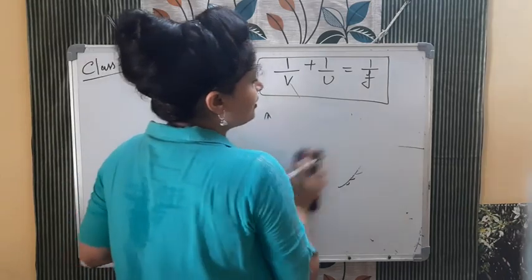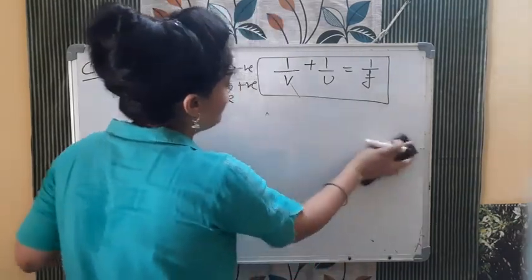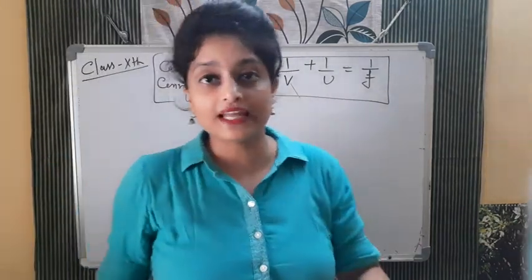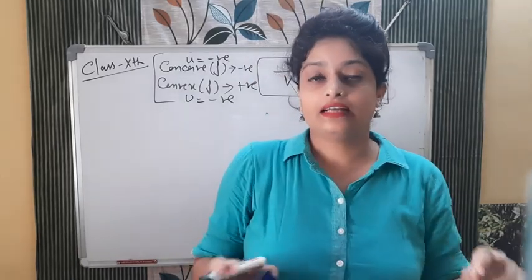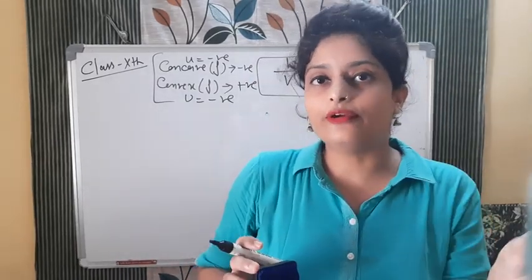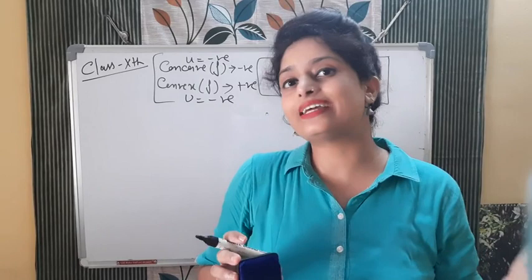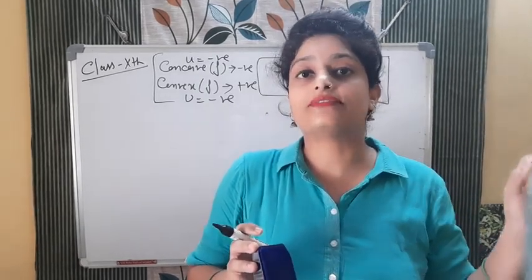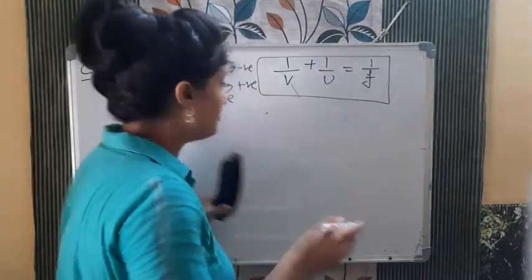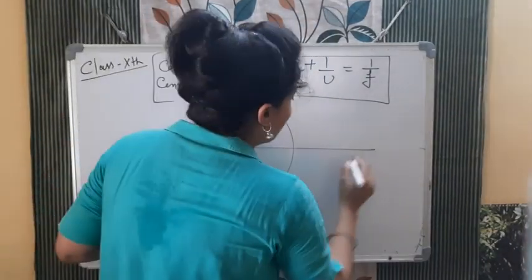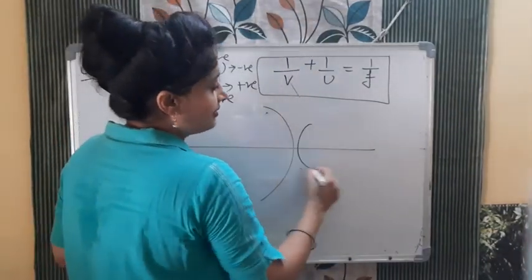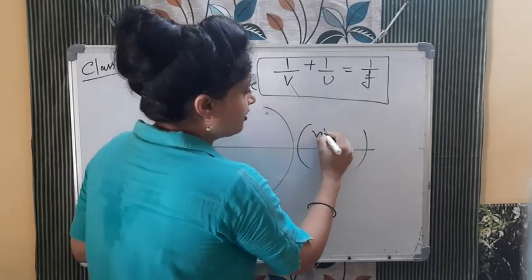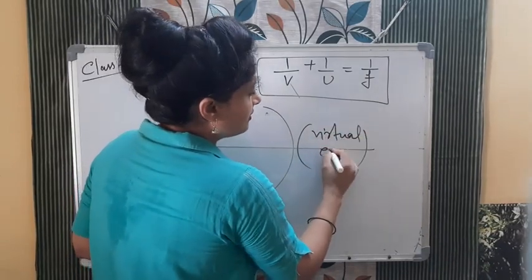Now come to v. v is what, children? v is the distance of the image. Now it depends. In case of the concave mirror, all the cases were real and inverted. Only one case was what? It was virtual and erect. So you remember when it is virtual and erect, it forms this side. जब भी image virtual और erect होता है, this side.